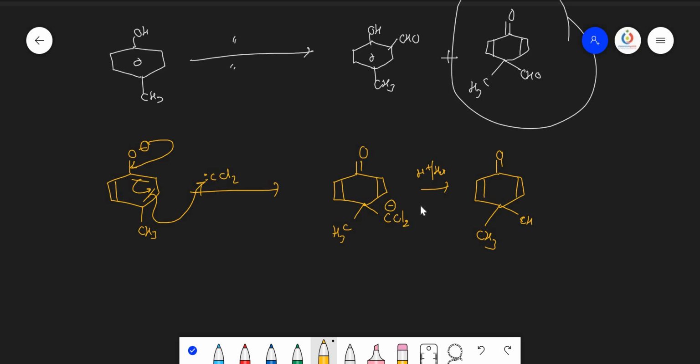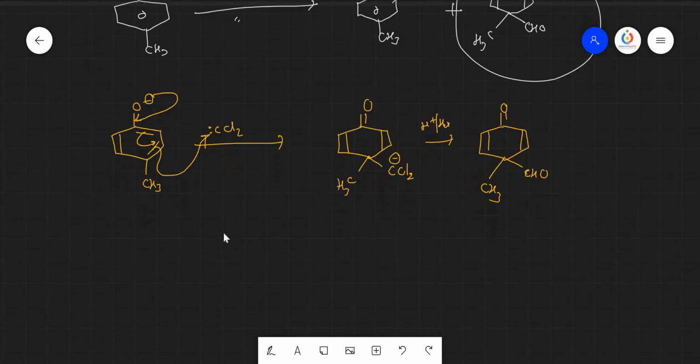So H plus and H2O means H2O, OH molecules will replace this chlorine. Later H plus will attack and finally we get the aldehyde. So chances are like this. But this is a limited quantity because generally ortho and para positions are occupied, it is crowded. So that this position generally will not be selected by this CCl2.